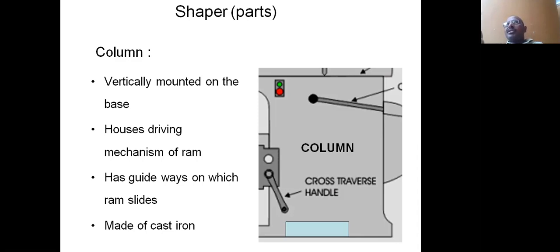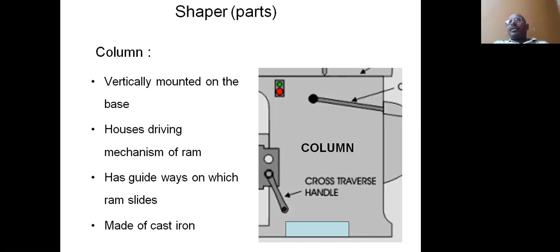That's why this column by default is also made of cast iron. The reasons for using cast iron for this column are the same as for the base. First, the column is manufactured by the casting process, so cast iron is the best suited.